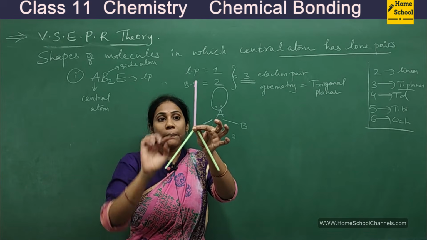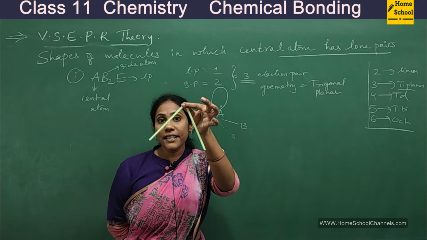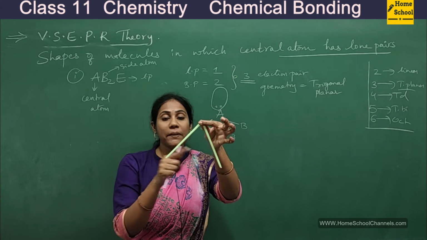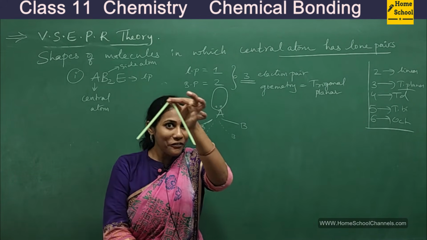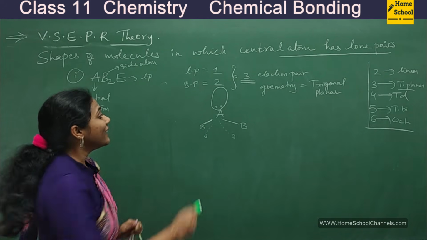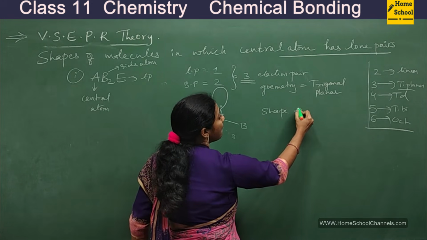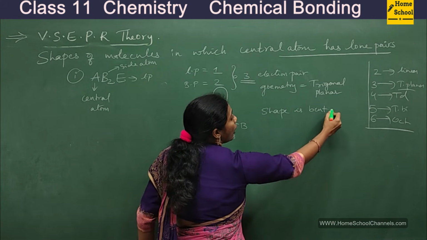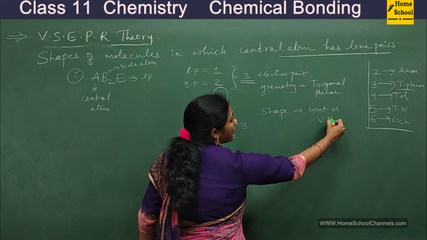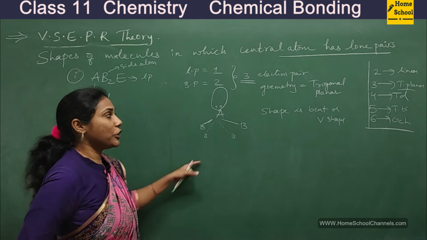So now what is the shape? For shape, I told you, don't consider the lone pair. Only consider bond pairs. So in what shape do the bonds exist? V shape or bent shape, isn't it? So here the shape is bent shape or V shape. Okay, so that is the shape of a molecule.